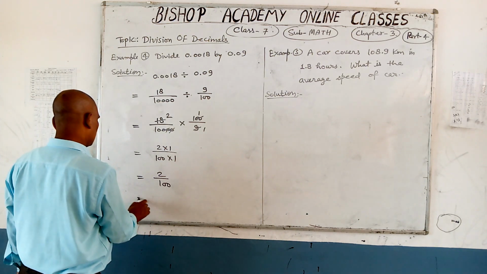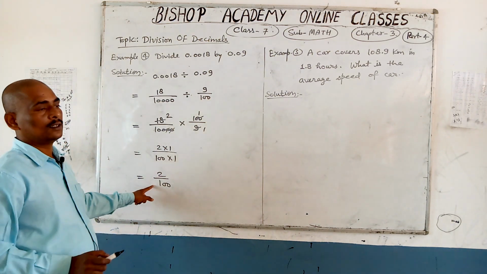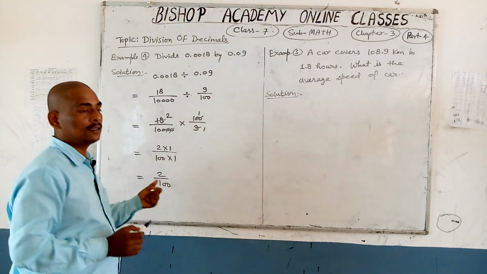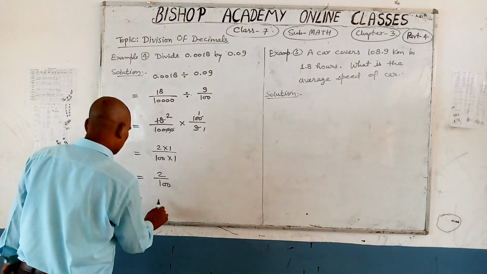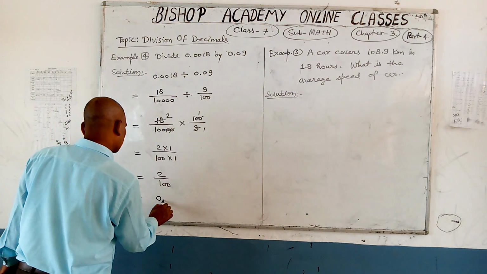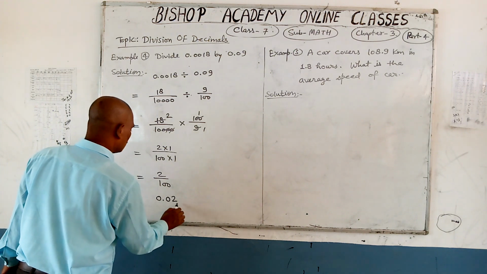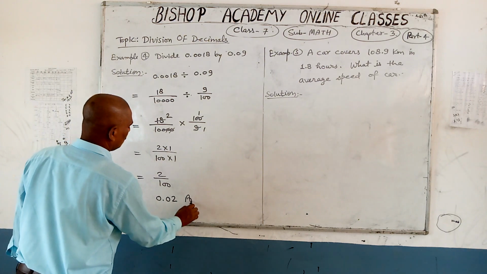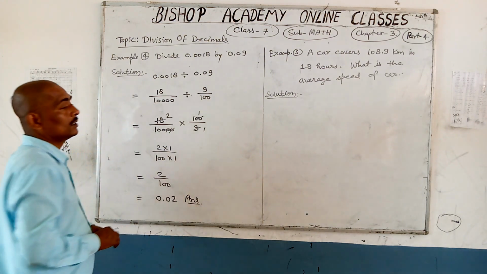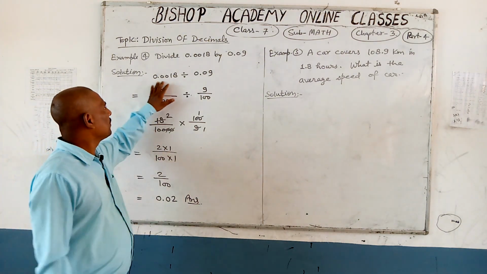And you know such a fraction where the denominator is 100 can be converted into decimal easily. Decimal 0.02. This is your answer. Check it again.